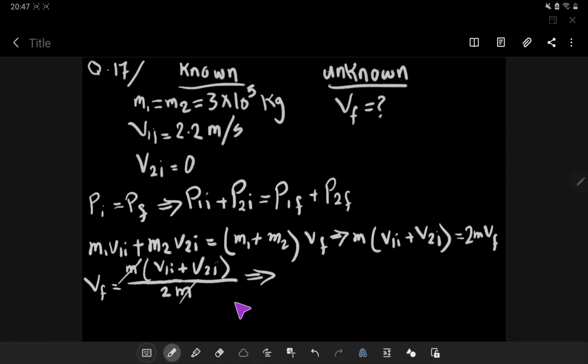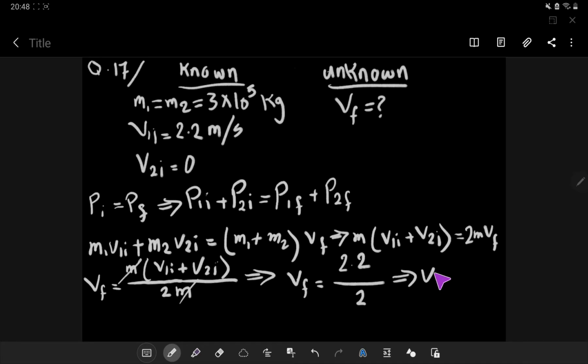And now from the known of the question, we knew that v2 initial equals 0. So v final equals just v1 initial, which is equal to 2.2, over 2.